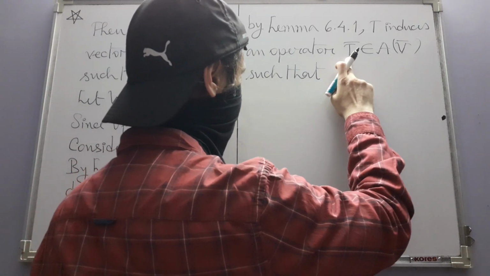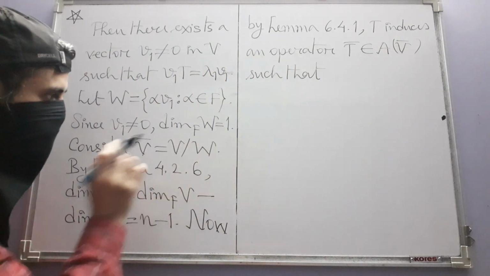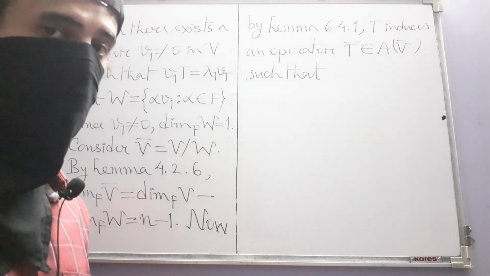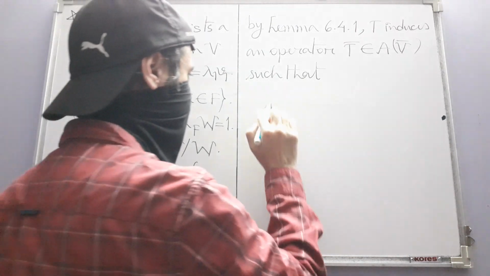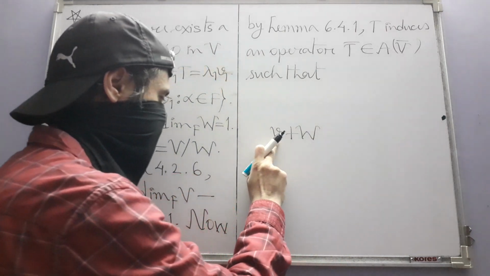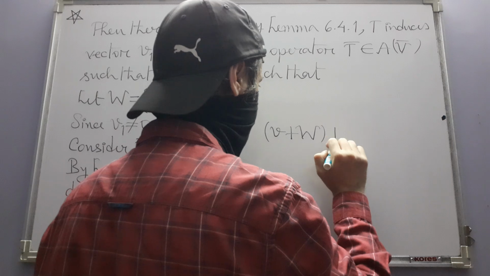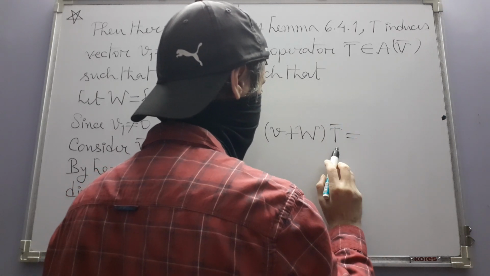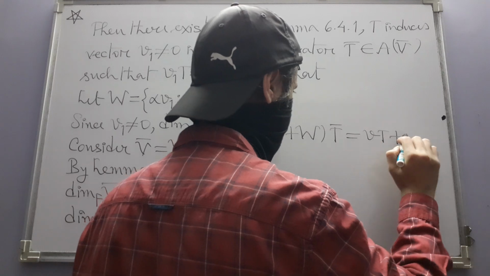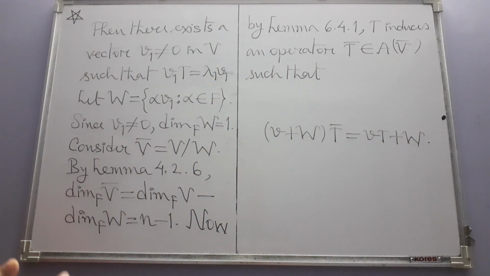Because we are defining it on V bar, which is this quotient space, the input for T bar will be a coset of W in V. So it will look like this, V plus W, where this V is coming from capital V. If you recall, the definition of T bar was this. What you do, you apply T on V and take the corresponding coset.